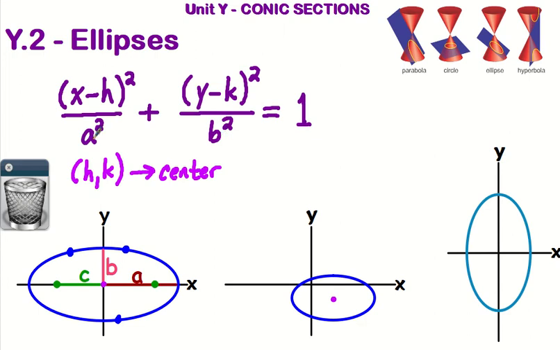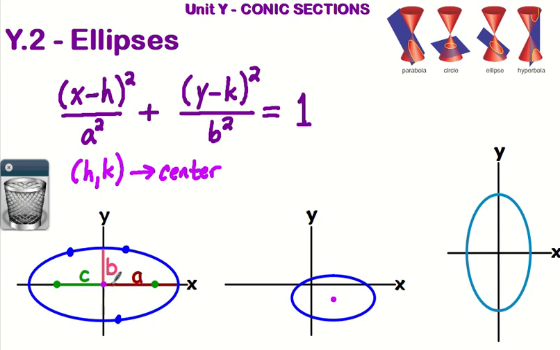Now again, notice how this is a squared and this denominator is b squared. The a is the horizontal radius, and b would be the vertical radius. So again, a would be the horizontal radius of the ellipse.